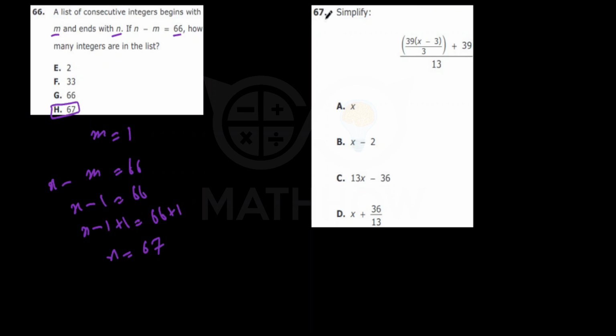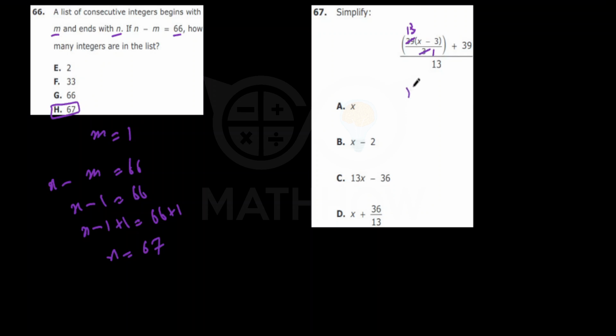Question number 67. Simplify this expression. Cancelling this, 3 ones are 3 and 3 13s are 39. 13 will be multiplied with both terms in this bracket.